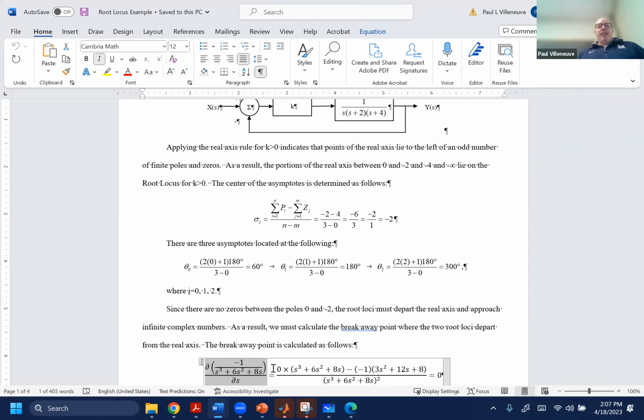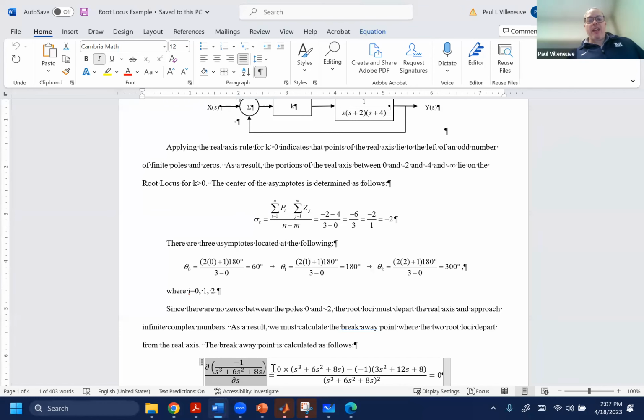And then now I'm going to go ahead and calculate my asymptotic angles, which is 2 times n plus or minus 1 times 180 divided by n minus m, right? So I have 60, 180, and 300 degrees.